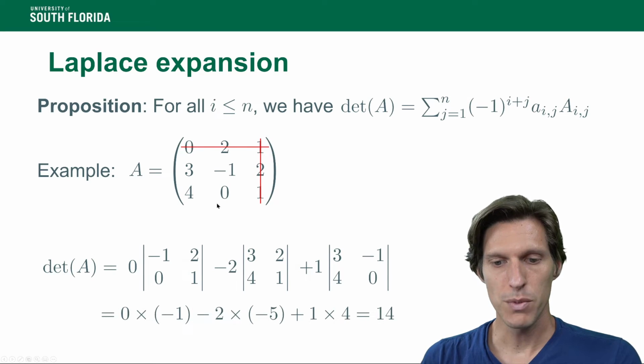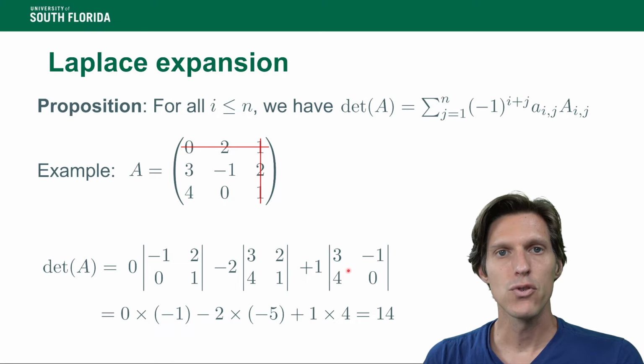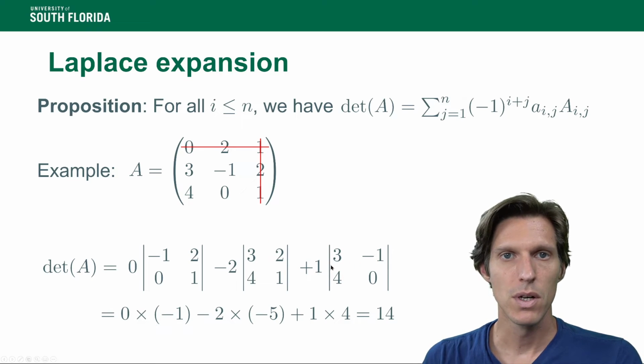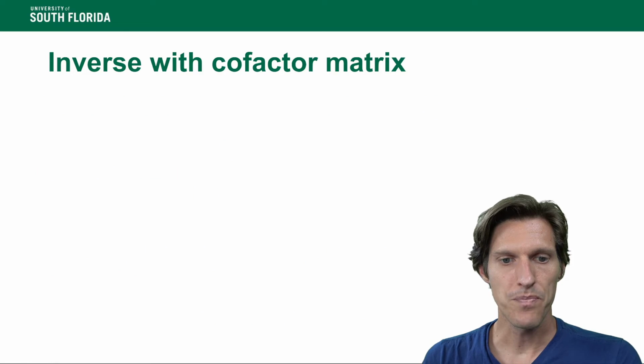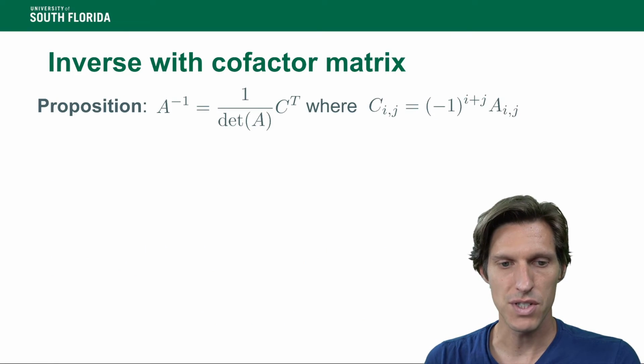And so my determinant here is 14, and I obtained that determinant only by calculating determinants of 2 by 2 matrices. Okay, so cofactors are useful that way. And they're also useful to calculate inverses of matrices.